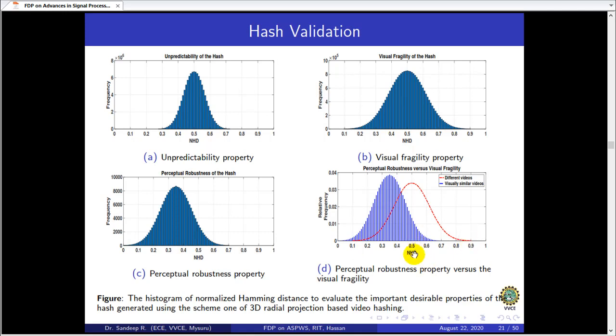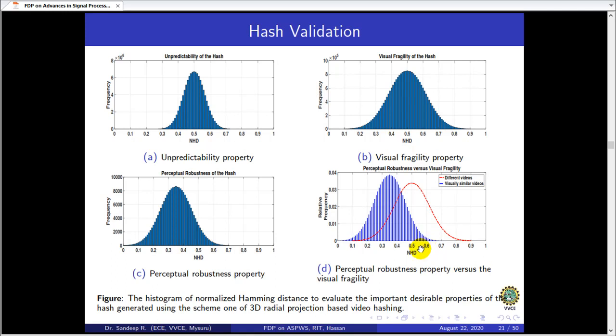Now suppose I have a threshold of 0.4: above 0.4 I'll classify it as a different video, below 0.4 I'll classify it as a similarly looking video. Now you can see that above 0.4 there are still some videos which are very similar to the human eye, but the normalized Hamming distance between them is more than 0.4, so we are misclassifying them.